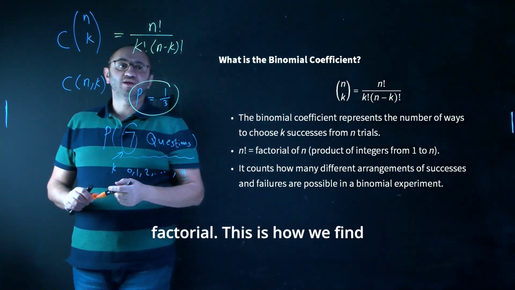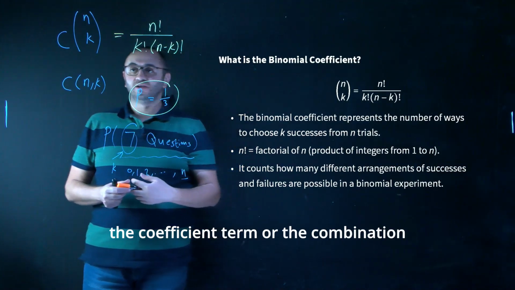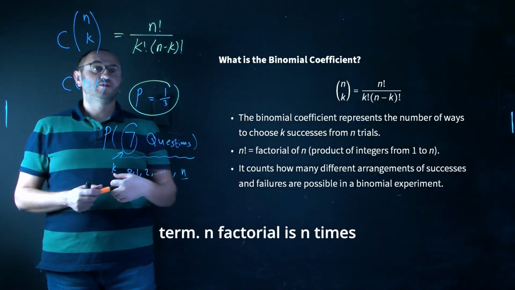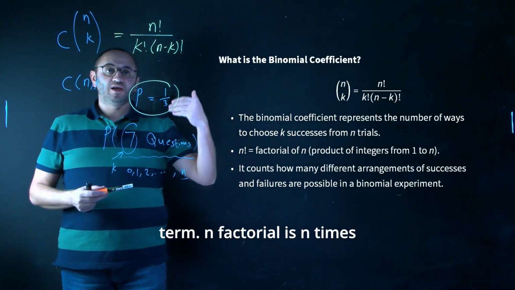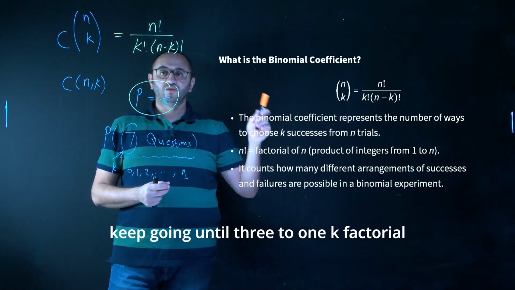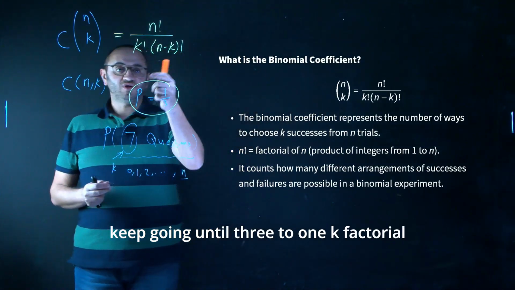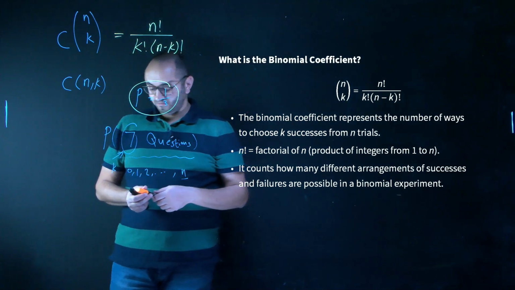This is how we find the coefficient term or the combination term. n factorial is n times n minus 1 times n minus 2, keep going until 3, 2, 1, and likewise for k factorial and n minus k factorial.